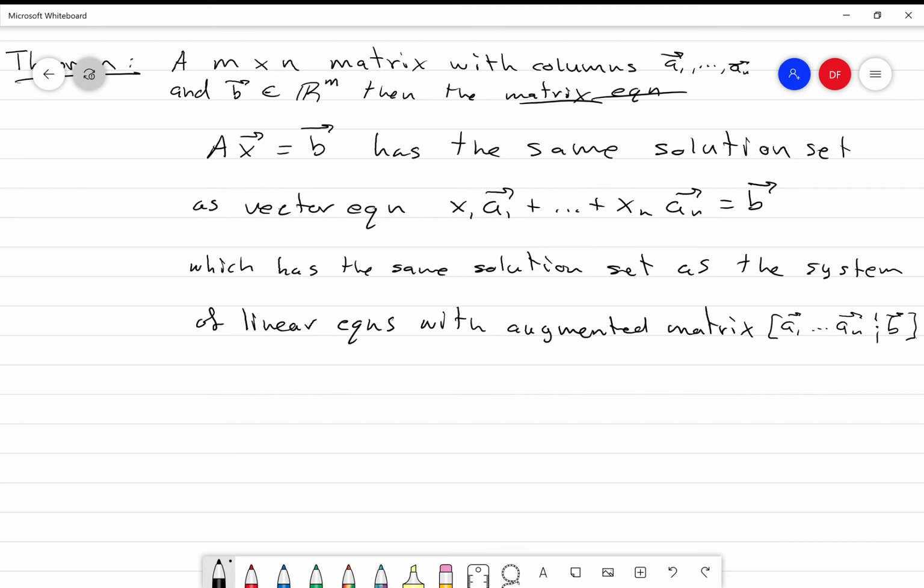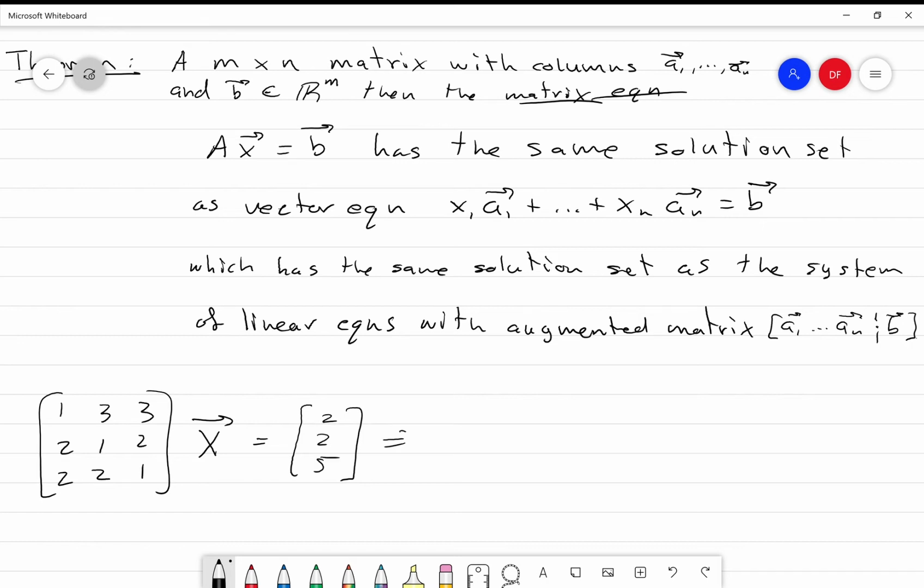Okay, so what does that mean here? That means if I give you a matrix, let's say 1, 3, 3, 2, 1, 2, 2, 2, 1, and I do not give you some vector x, but I tell you that this matrix times x will give you some b, another vector, okay, which will in this case be a 3 by 3 vector, let's say 2, 2, 5, and then I ask you, find x.